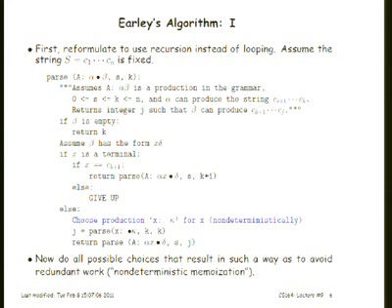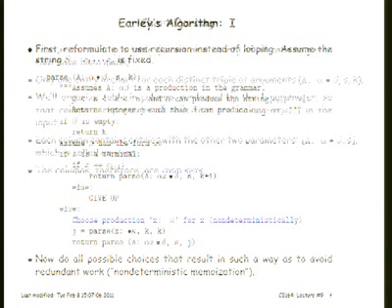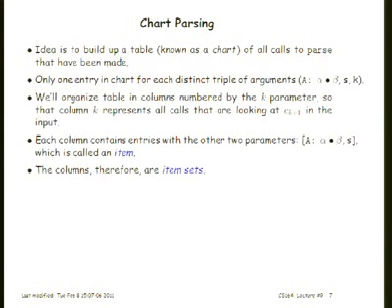In particular, this is actually going to save us from the infinite loops, because we will see that we're doing something that's already been attempted. So for each one of the argument triples, we will put an entry into the chart, keeping track of what the answer is.